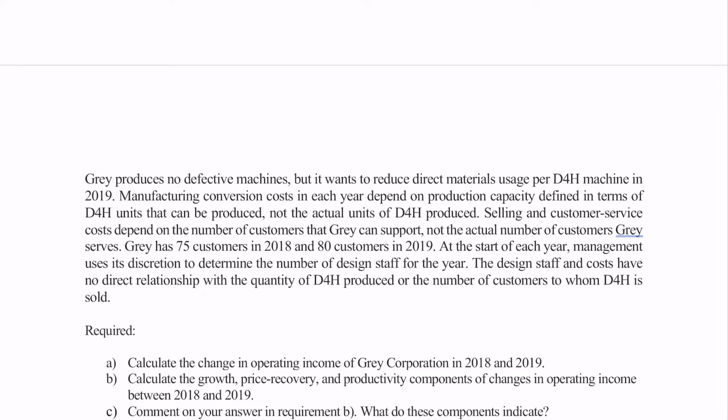Gray has 75 customers in 2018 and 80 customers in 2019. At the start of each year, management uses its discretion to determine the number of design staff for the year. The design staff and the costs have no direct relationship with the quantity of D4H produced or the number of customers to whom D4H is sold.